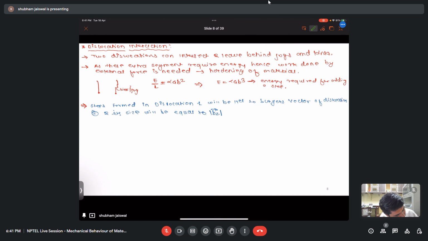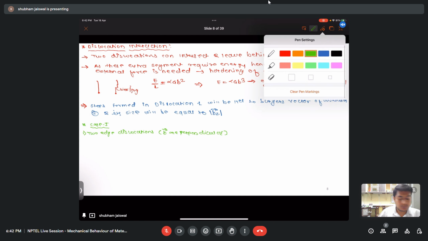Let's say case 1, two edge dislocations and their Burgers vectors are perpendicular. So let me draw the plane for you.